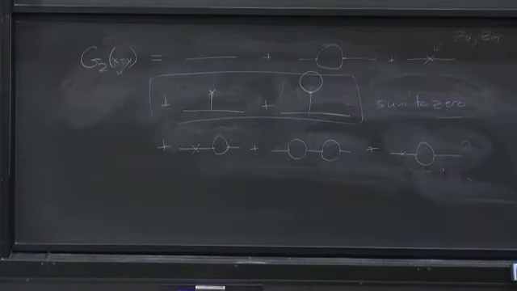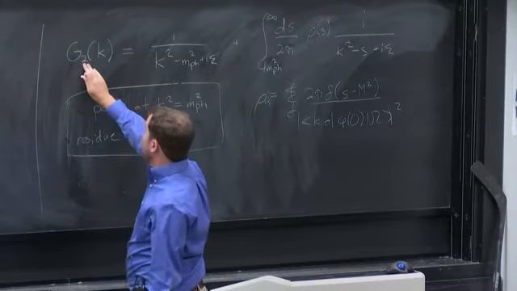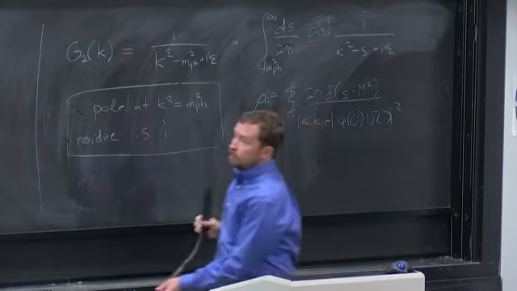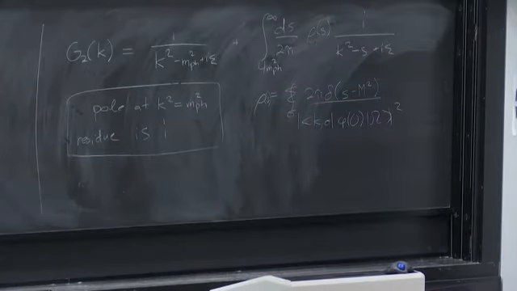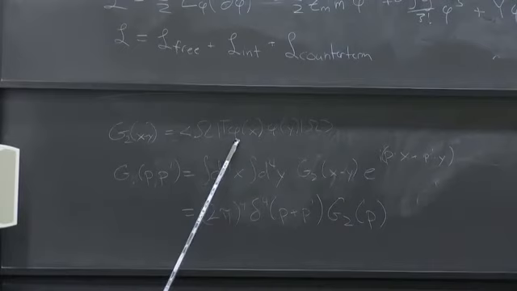So this is the Fourier transform of the 2-point function, using the definitions up here. This is what we computed. This is the Fourier transform of the 2-point function.